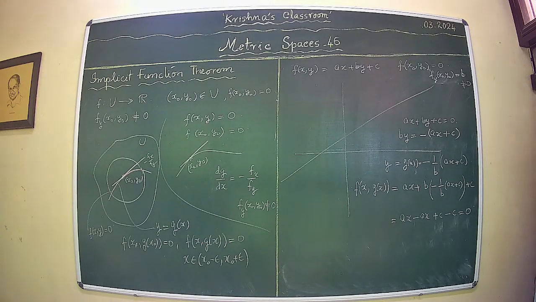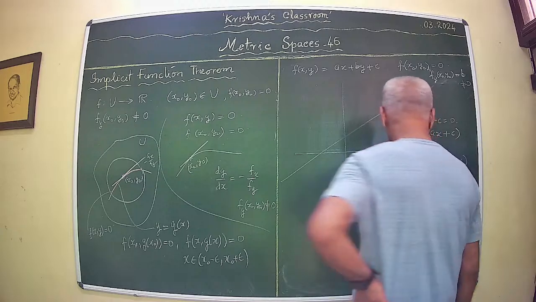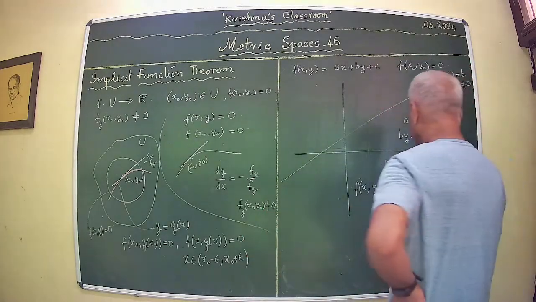So g has the property that f of x, g x is equal to 0. Okay, and this is valid for every x.